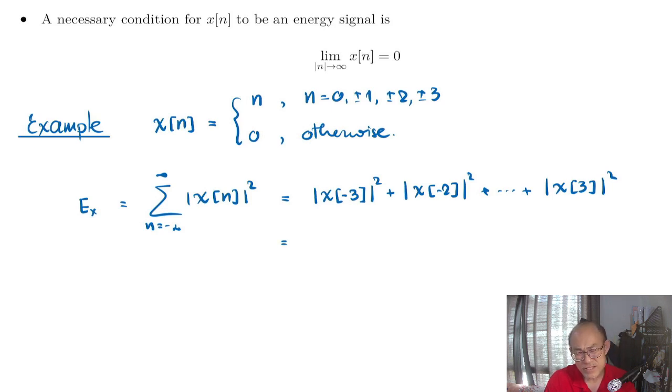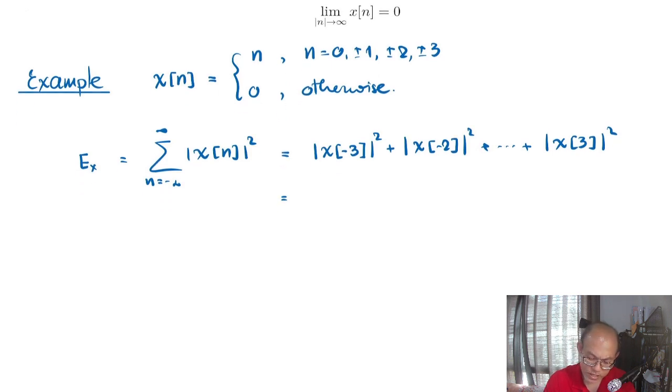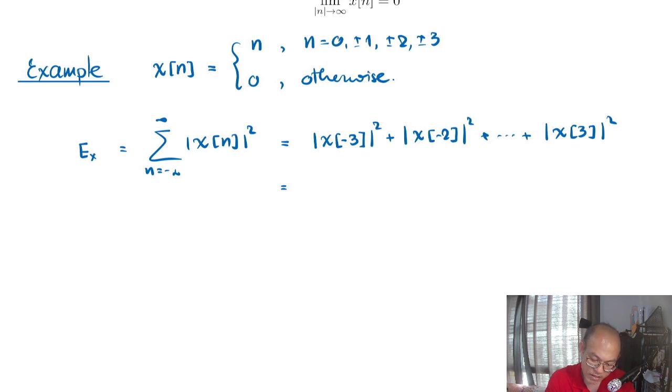Because the rest is 0, I don't have to write those down. Only 7 of these are not 0. Now let's plug in the values for these.